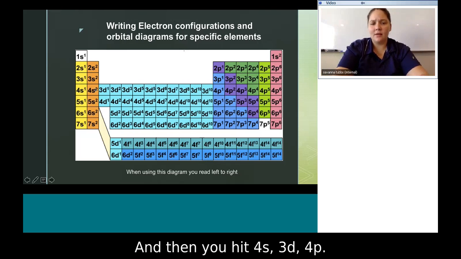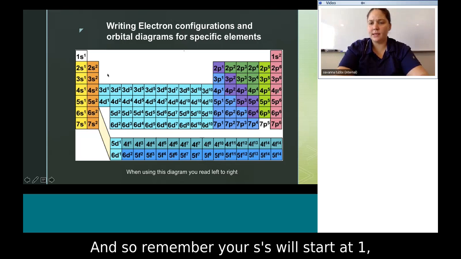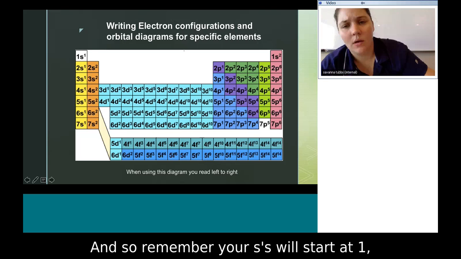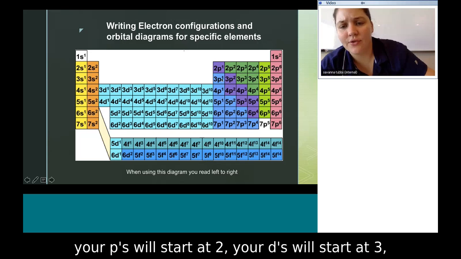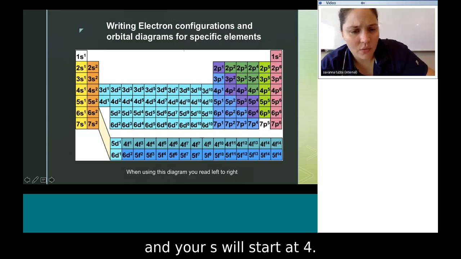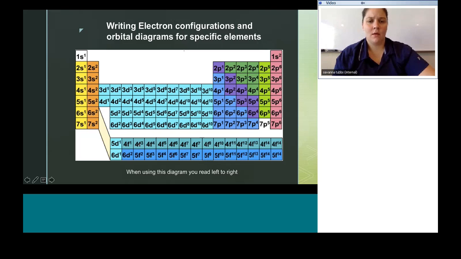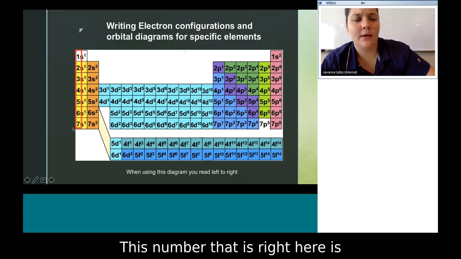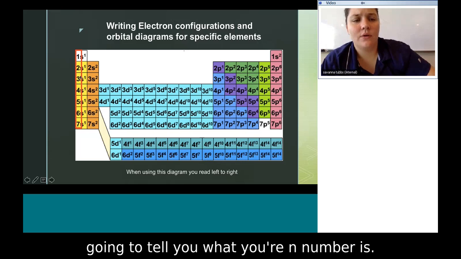And then you hit 4s, 3d, 4p. So remember, your s's will start at 1, your p's will start at 2, your d's will start at 3, and your f's will start at 4. This number that is right here is going to tell you what your N number is.